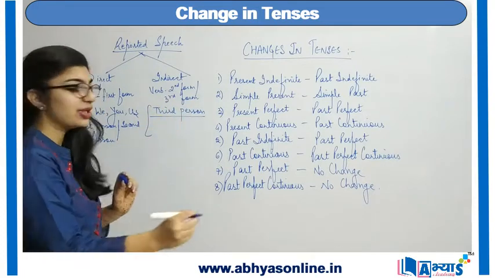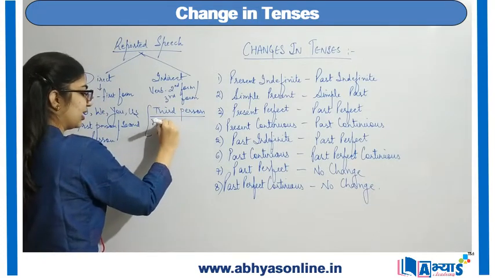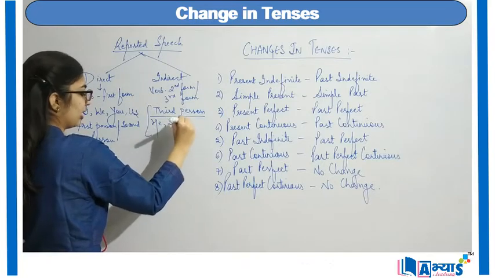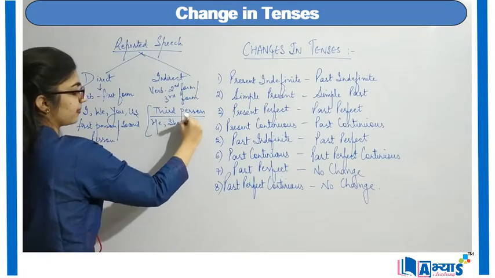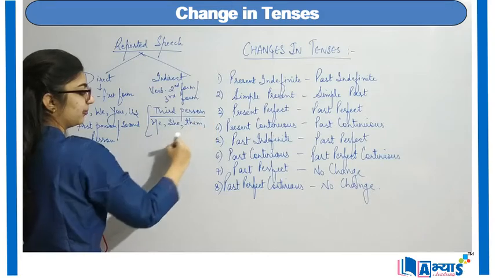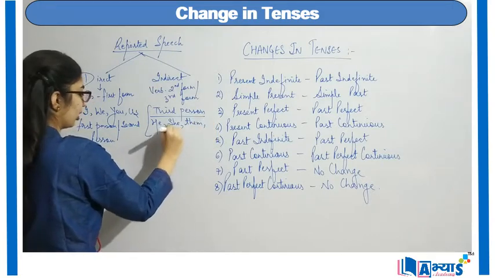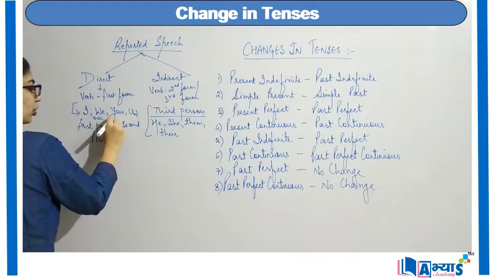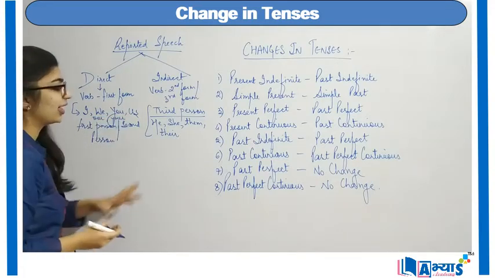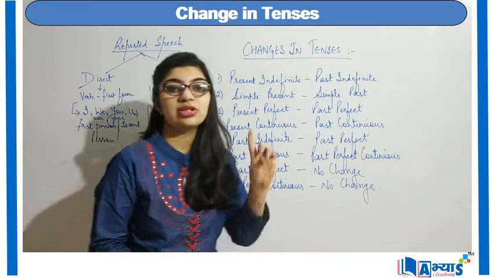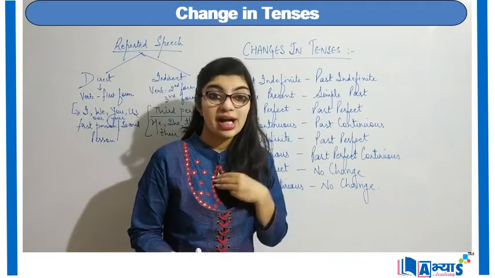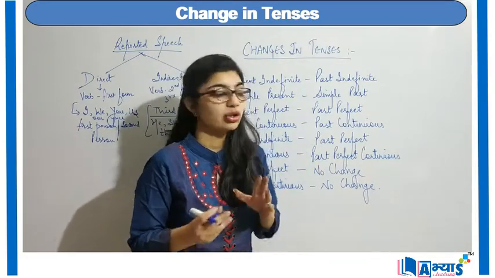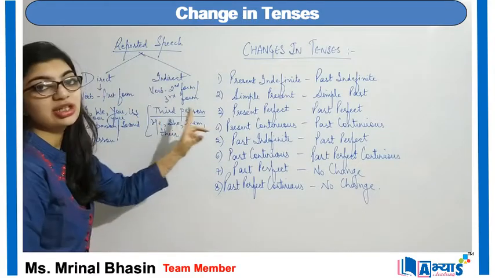And that third person can be he, she, them, their. Here we can also have our, your. But in third person, we will never use I, we, us, you. No, it will always be third person.